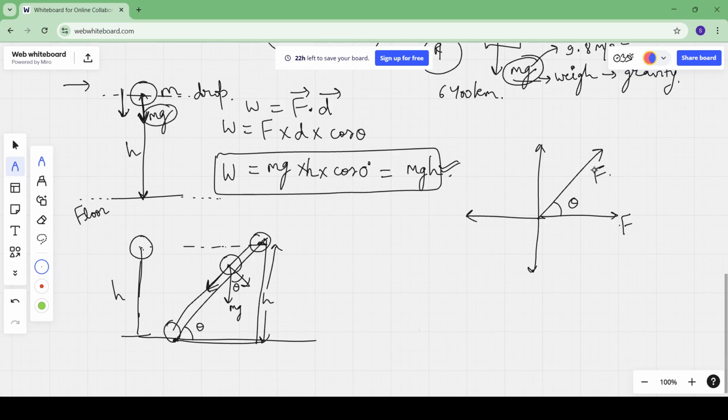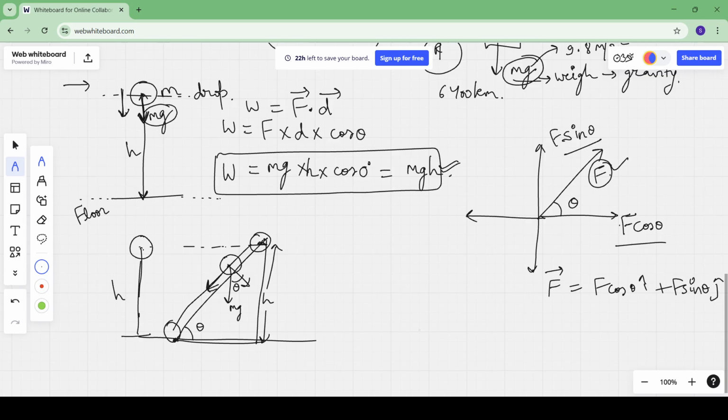The projection of this force along the horizontal direction is f cos theta, and in the perpendicular direction the projection is f sine theta. So this force f is converted into f cos theta i cap plus f sine theta j cap.